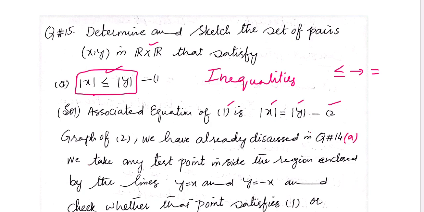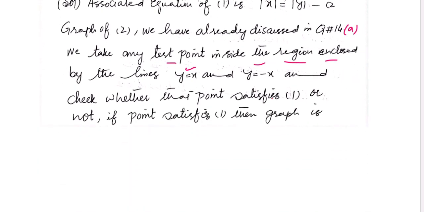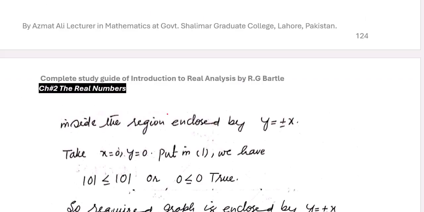Next, we have to take a test point inside the region enclosed by the lines y is equal to x and y is equal to minus x, and check whether that point satisfies 1 or not. If the point satisfies 1, then the graph is inside the region enclosed by the lines y is equal to plus minus x.